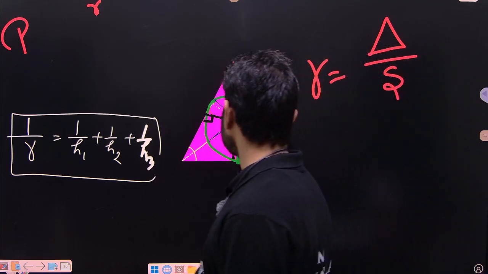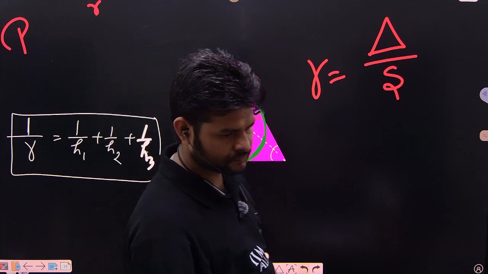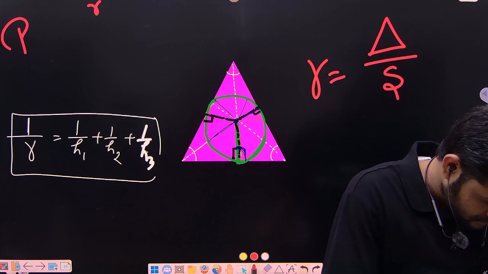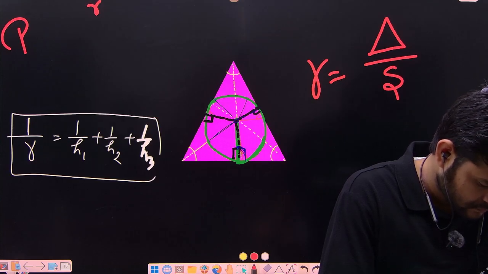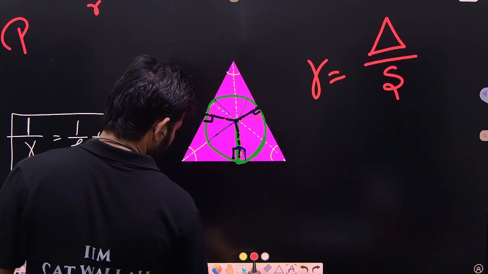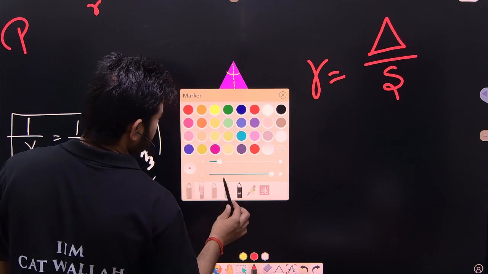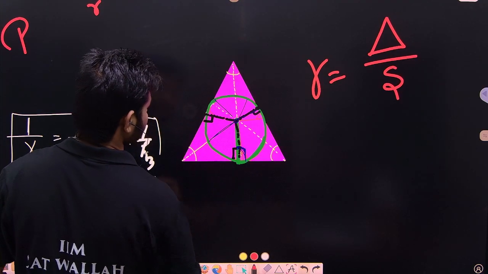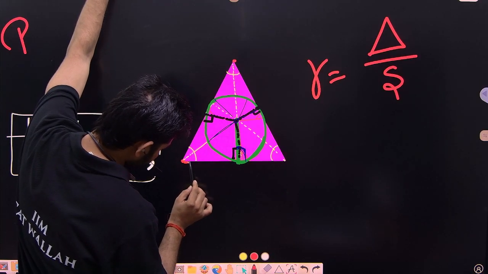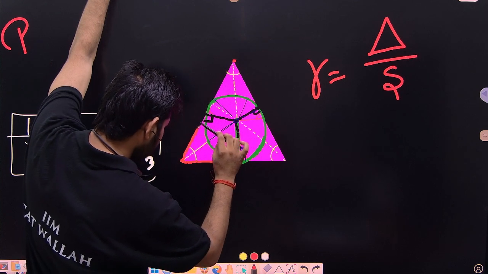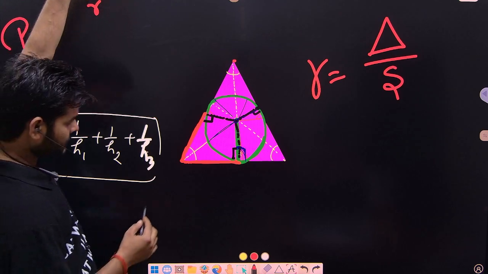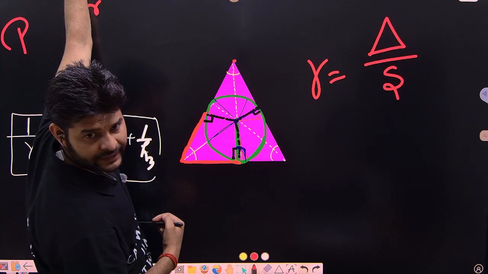Guys, now the third relation. The next relation is, this is a vertex, this is also a vertex. From this vertex to the point where the perpendicular touches, this and this length are exactly equal.